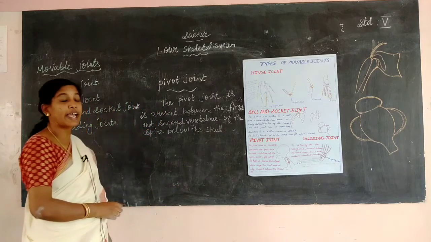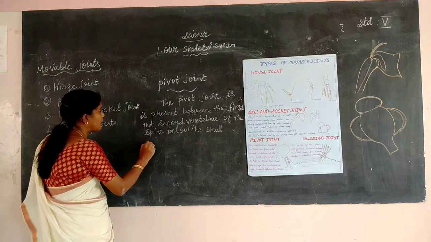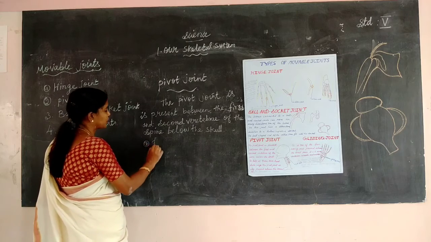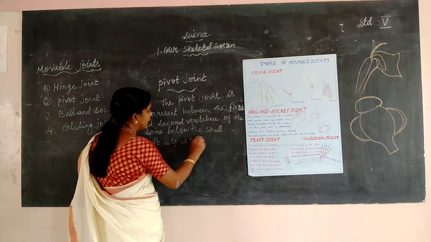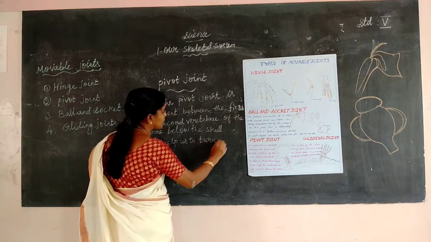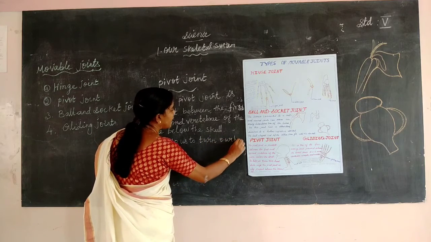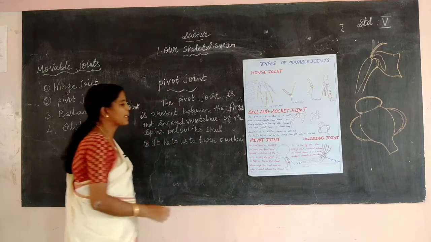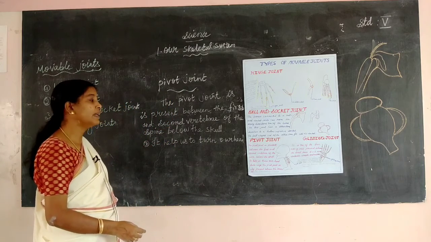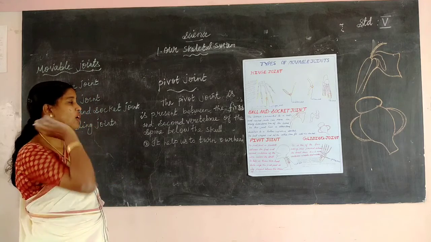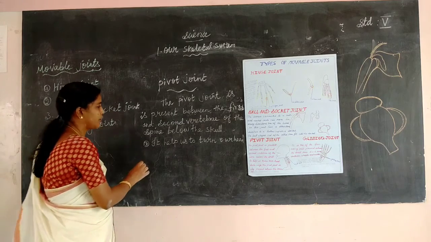It helps us to turn our head sideways. எதுக்கு யூஸா இருக்கும்? ஹெட்டை திருப்பி sideways இப்படி திரும்பி பார்க்கறதுக்கு எந்த ஜாயிண்ட்? இந்த pivot joint.